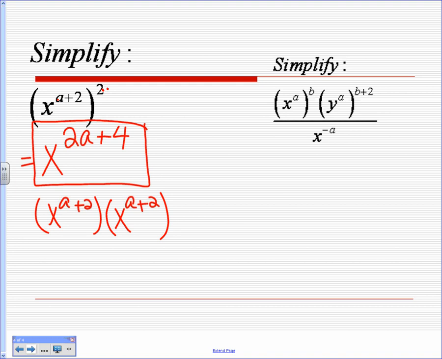Alright, so what do we want to start by doing? We want to move it up. Now what else could we do? Make it x to the AB.